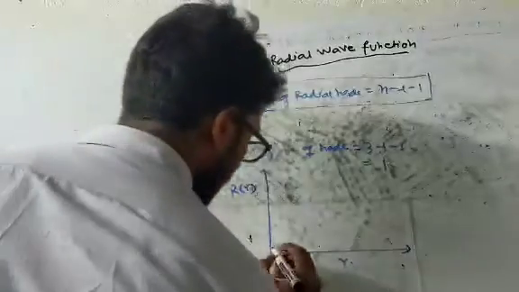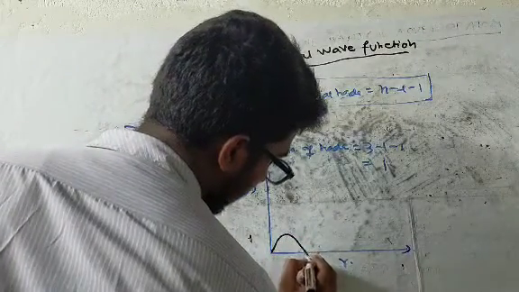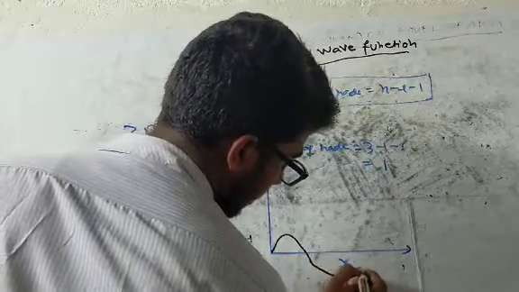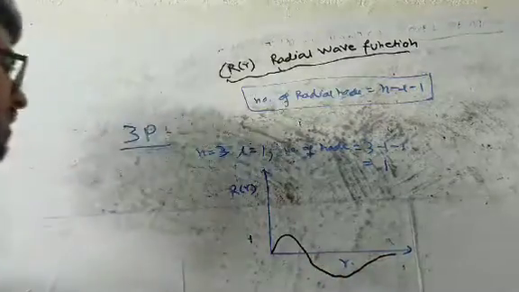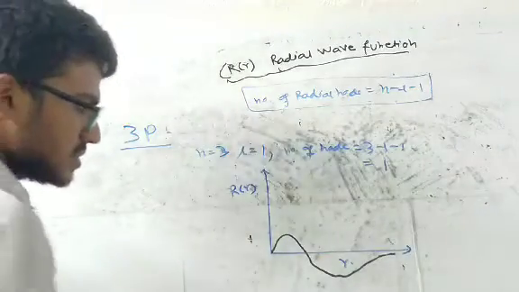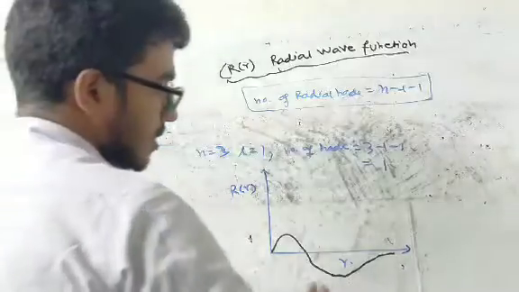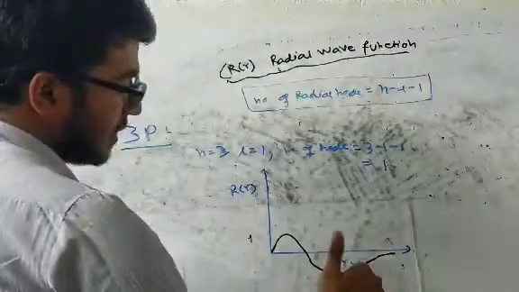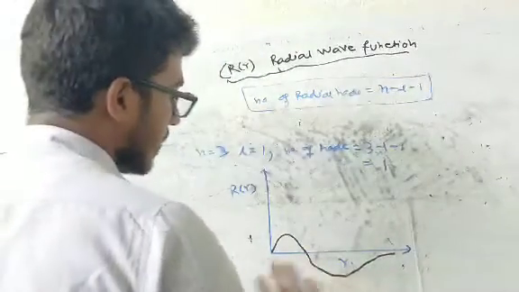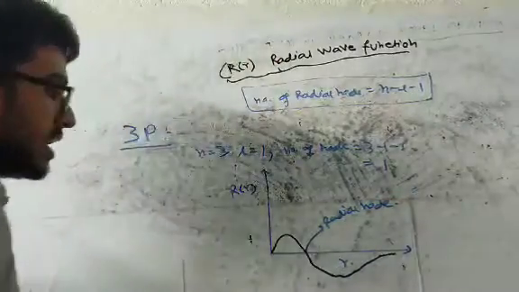So my graph will start from here, touch the r axis one time, and then continue to infinite r. For all the next values of r, it will never touch the r axis, and this point is the radial node.